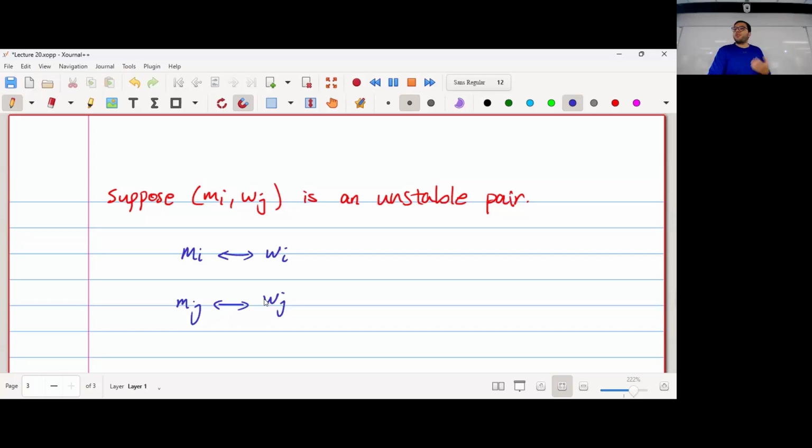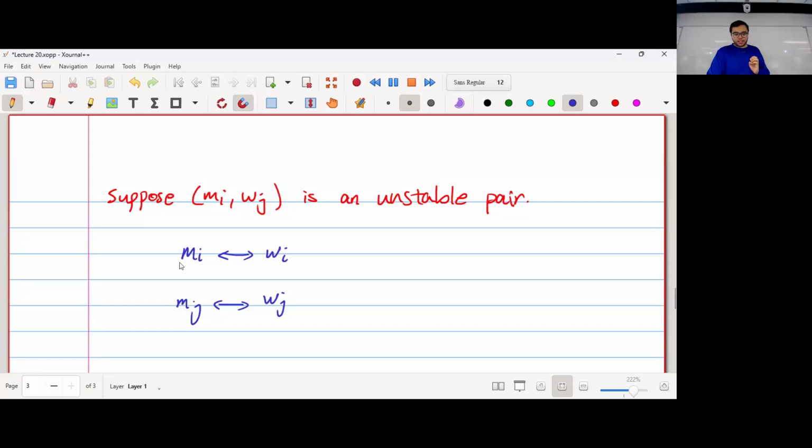So before proposing to WI, MI proposed to WJ, right? Now let's look at it from the point of view of WJ. WJ has rejected MI, because otherwise MI would be matched to WJ in the end. MI has gone down his list, so that means WJ rejected MI.